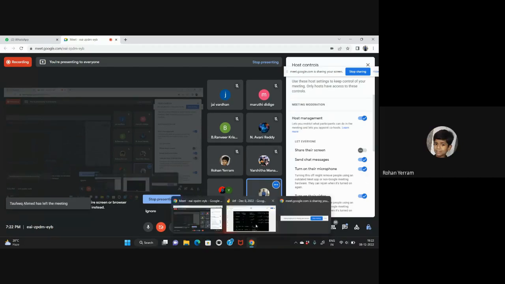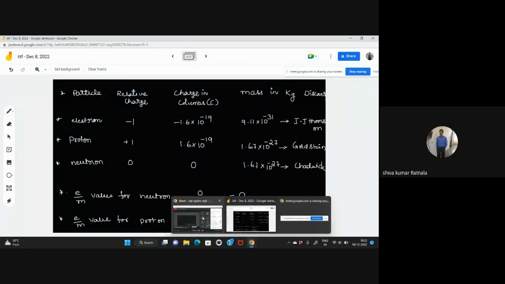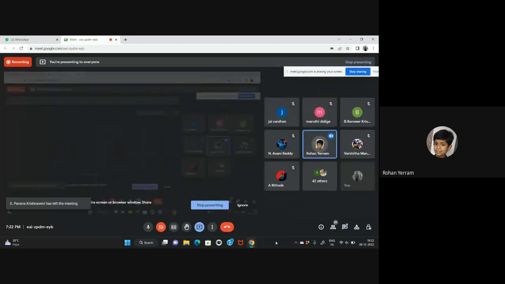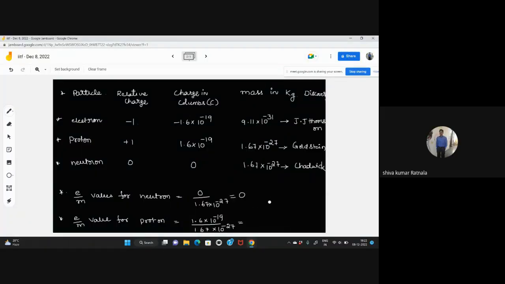Sir, I have a doubt. Does relative charge mean the total charge, sir? Simply we can say, relatively proton is positively charged, neutron has zero charge, electron is -1 charge.